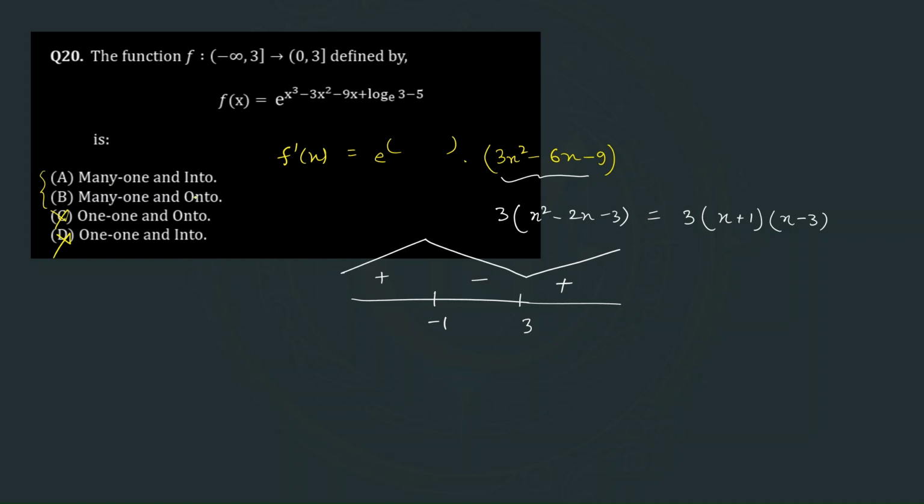So we know that a function is onto when the codomain is equal to the range of the function. So if we check the range of this function, let us check the value of this function at x = -1.